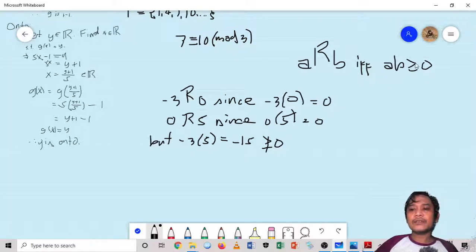Okay? Not one of the two conditions is satisfied. Meaning, negative 3 is not related to 5, even if negative 3 is related to 0 and 0 is related to 5. Therefore, the relation defined is not transitive.